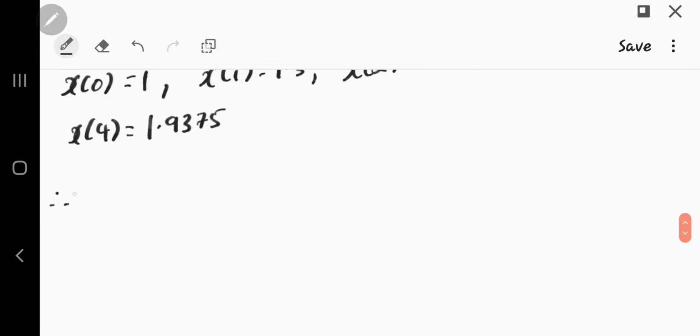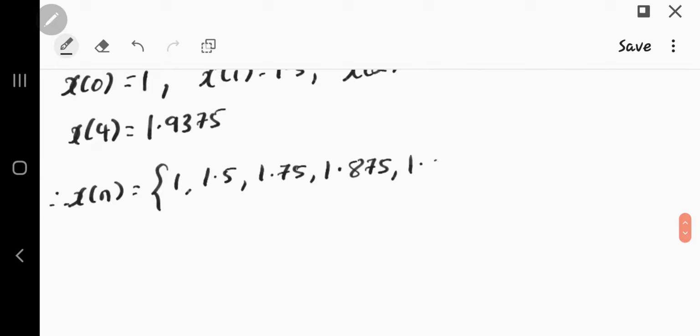So we can write our x of n finally as 1, 1.5, 1.75, 1.875, 1.9375, and so on, where this is the origin. Okay.